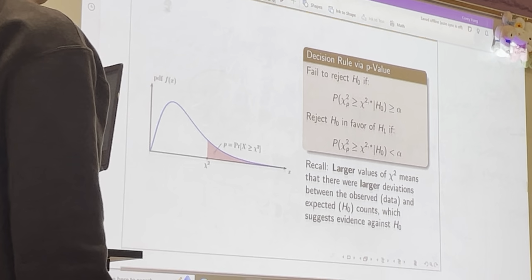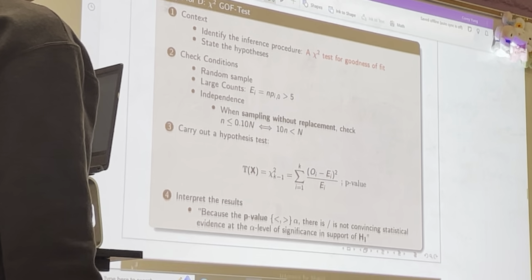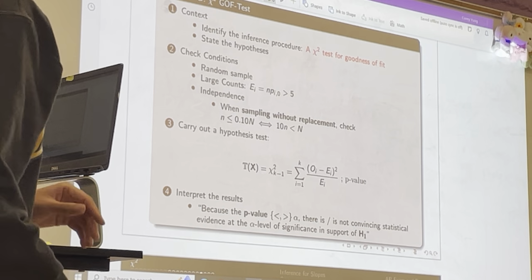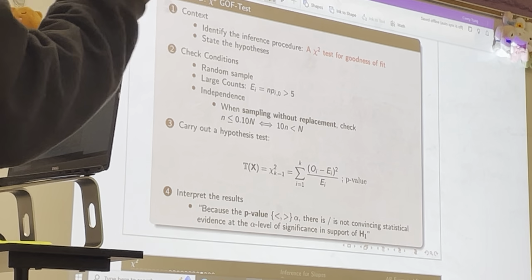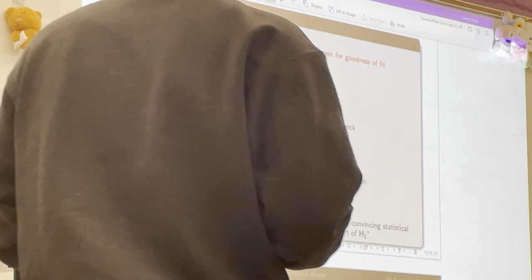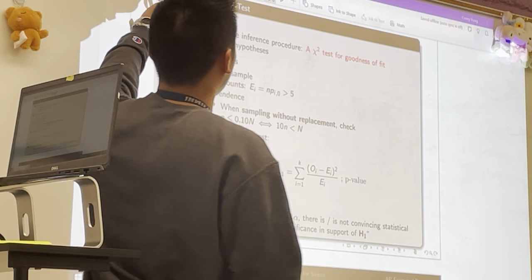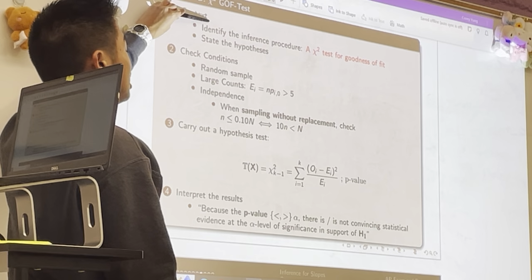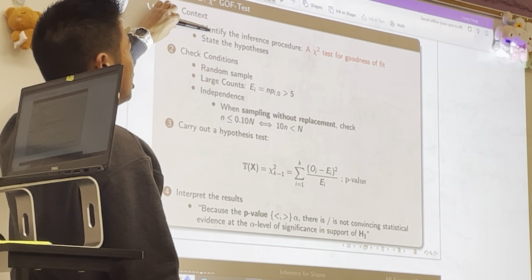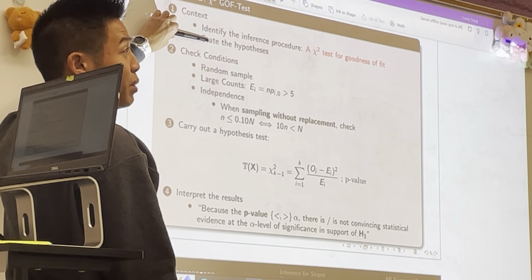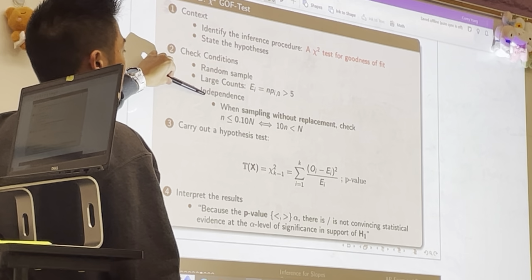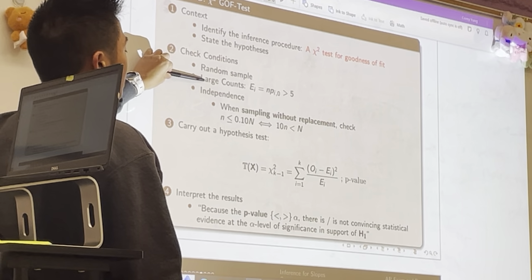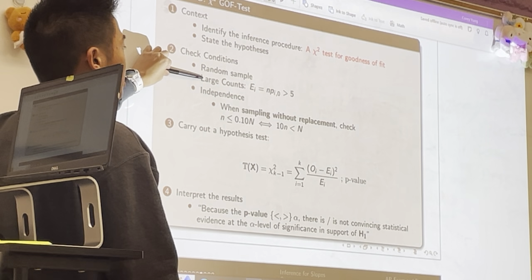All right, and then just like that, we're here at the end of chi-square goodness of fit. Here's the little recipe, so there are a little bit of changes. In the first step, you don't have to identify parameters. So it's just going straight into what procedure you are doing and stating the hypotheses. The conditions, notice that random sample and independence are still there, but large counts replaces normality.